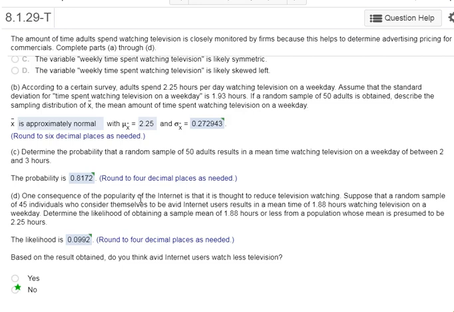So we're going to take a sample just from people who say they use the internet a lot. And then we're going to use statistics to see if there's any reason to justify that people who use the internet a lot watch less television. And so we gather our sample, and the mean from our sample comes out to 1.88. And so that is less than 2.25. But now we need to use statistics to see if it's far enough less that we can make any conclusions.